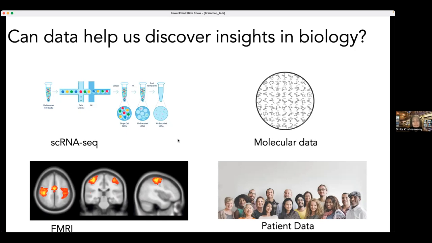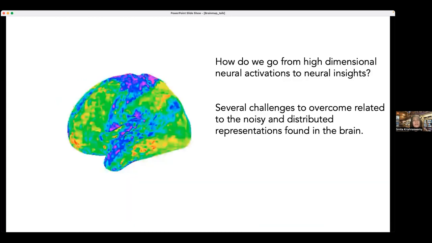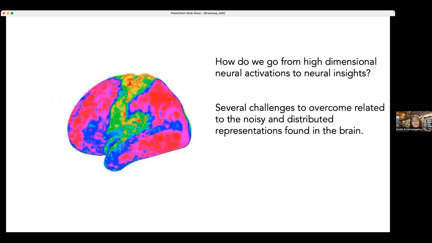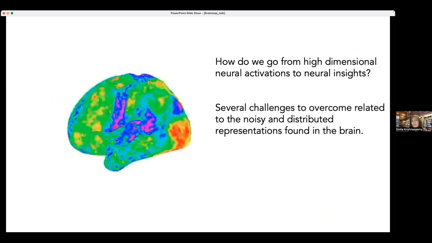What all these kinds of data sets have in common is that they are very high dimensional. Also, they're very high throughput, and they could have complex dynamics that are hard to describe canonically.